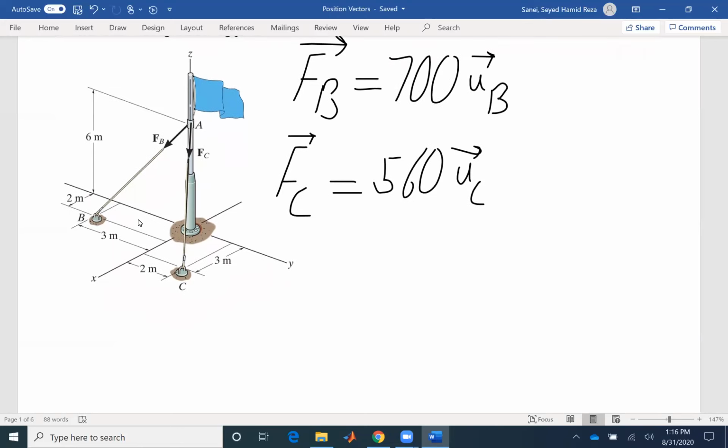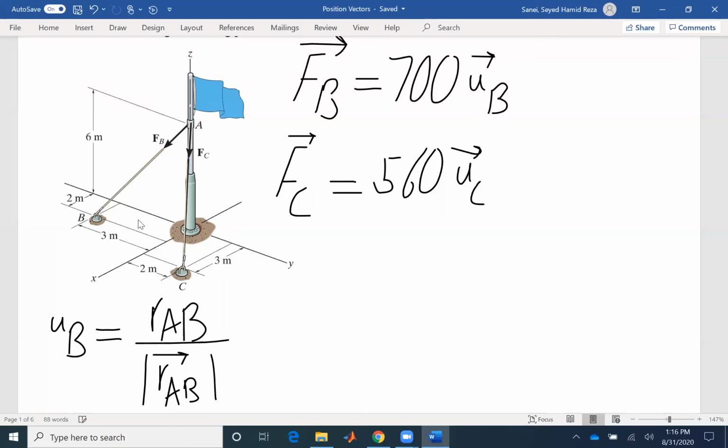So UB would be simply RAB divided by its magnitude. Why did we write RAB and not RBA? Because our vector is going from A to B. The position vector RAB, how can we find it? It is the coordinate of B minus the coordinate of A. We have the coordinates here.